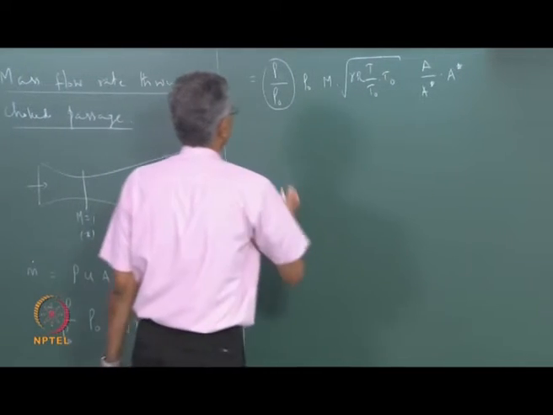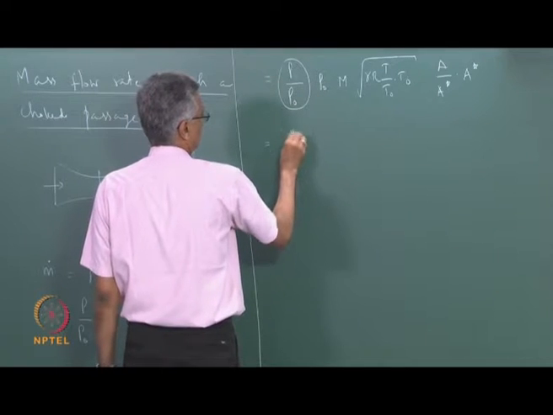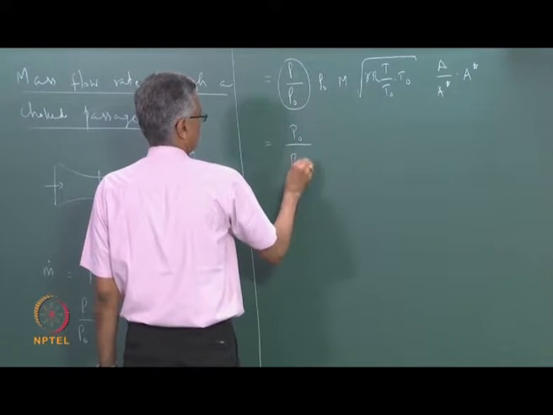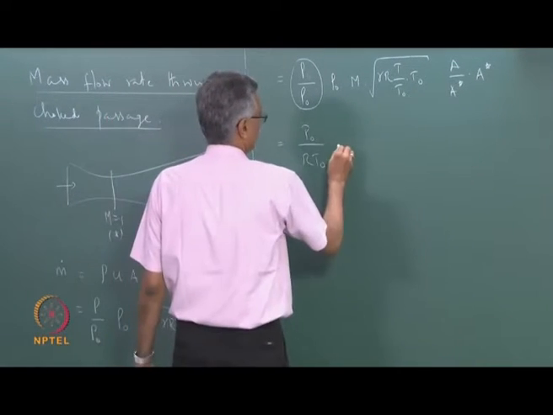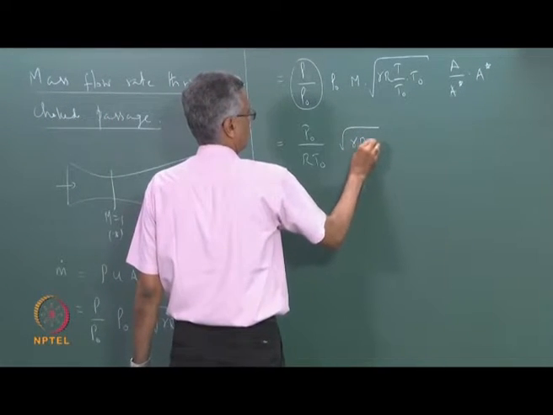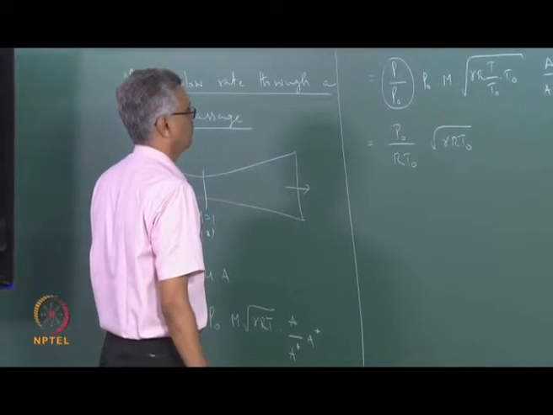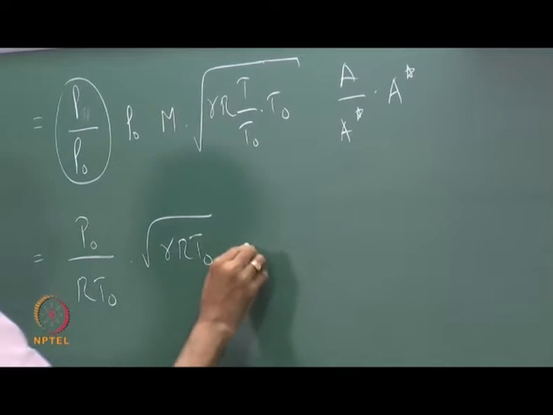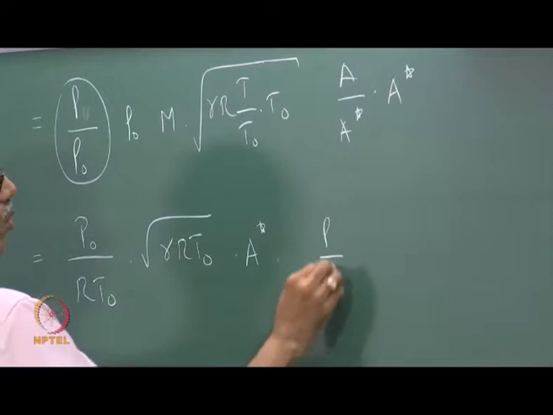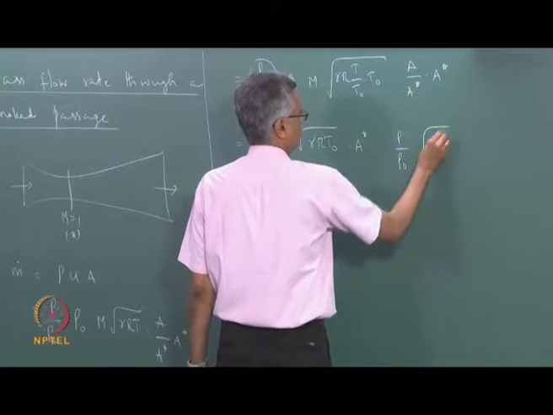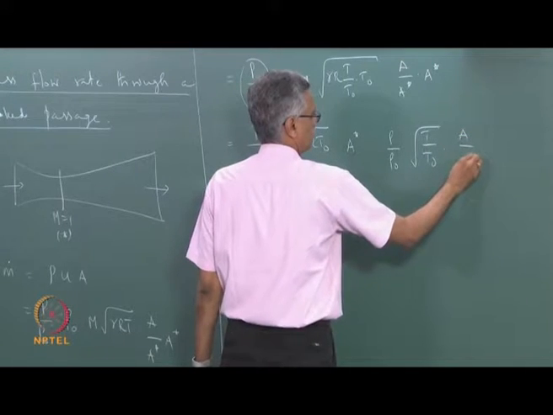So, if you rearrange this expression, I can write the rho naught as P naught over R T naught. So, let us go ahead and do that: P naught over R T naught times square root of gamma R T naught times A star times rho over rho naught times square root of T over T naught times A over A star.